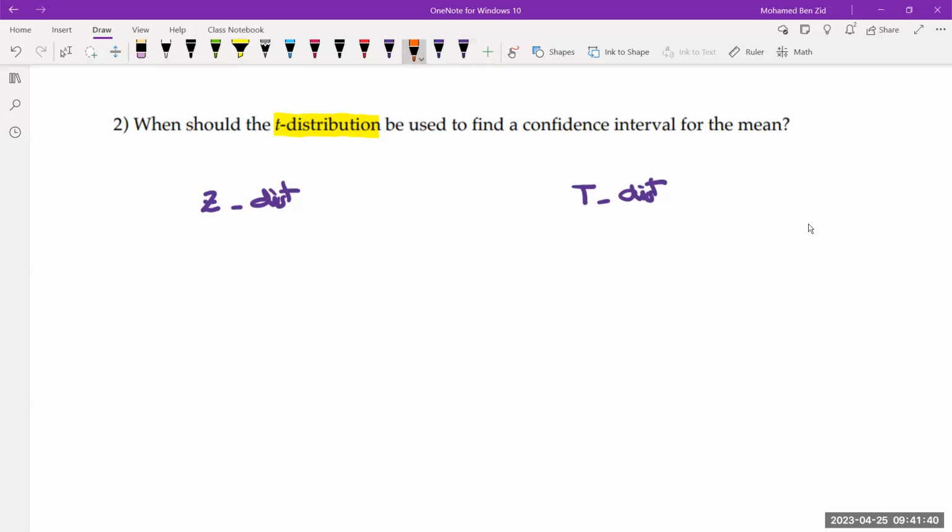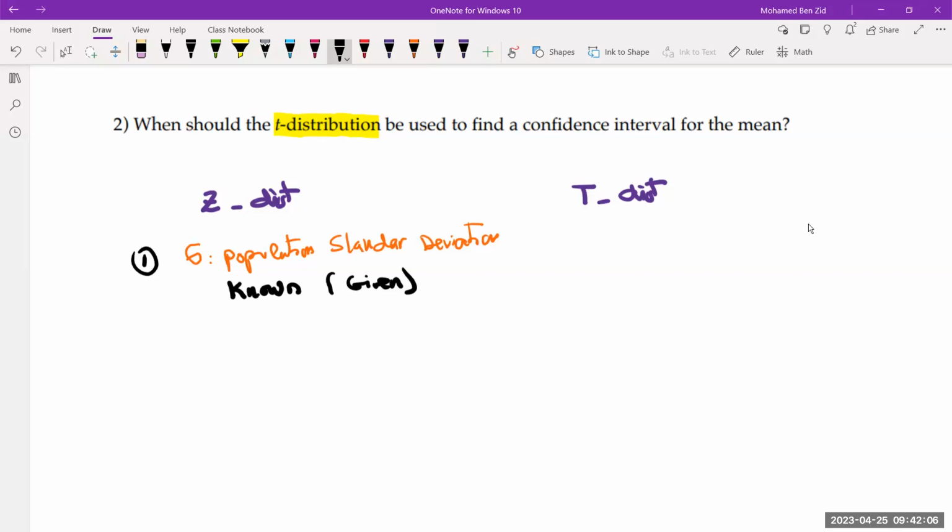The first condition is that sigma, the population standard deviation, must be known, or given to you.